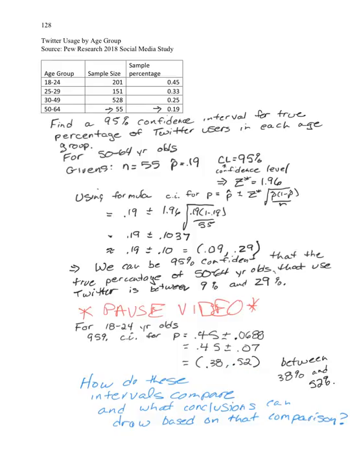In other words, we can be 95% confident that the true percentage of 18 to 24-year-olds using Twitter is between 38% and 52%. And our question now is, how do these intervals compare, and what conclusions can we draw based on that comparison?